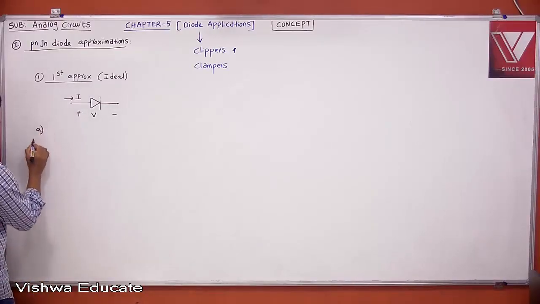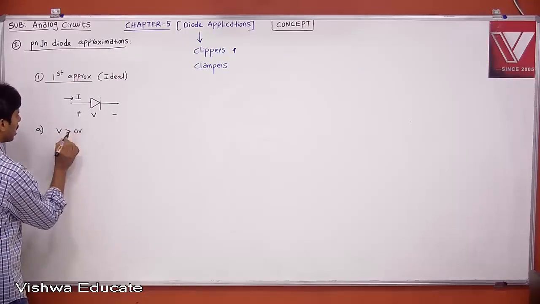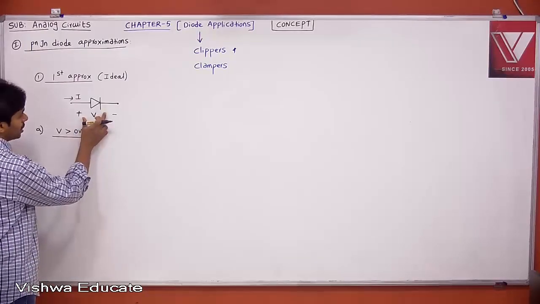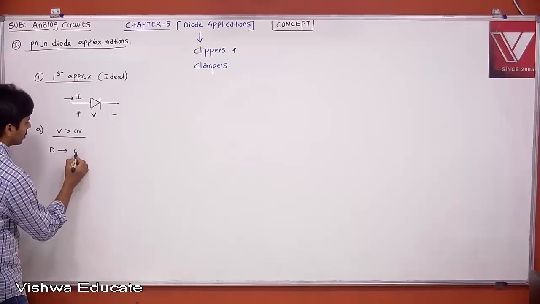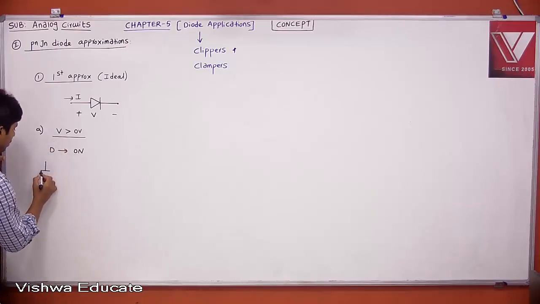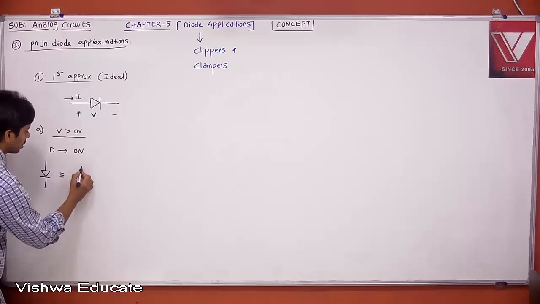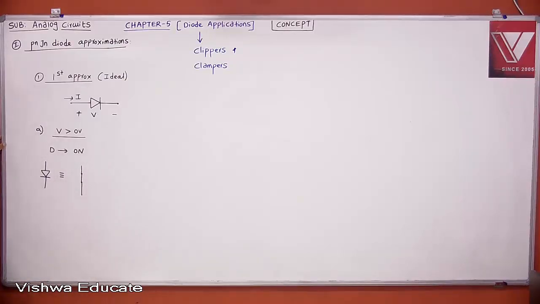Case A: if V is greater than or equal to 0 volt, meaning the voltage across the diode is positive, then the diode is on, or forward biased. The ideal model is then represented as a short circuit, because it is an on switch.